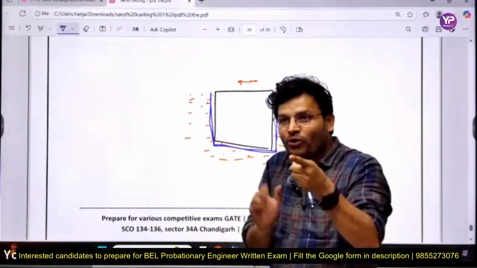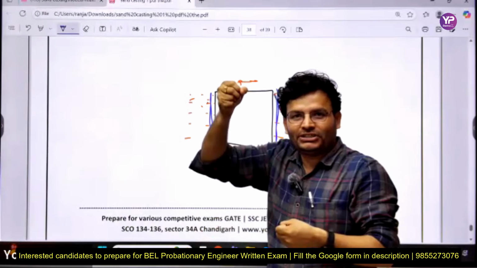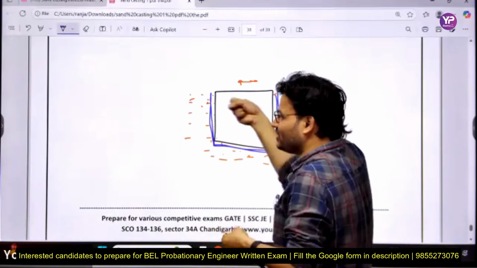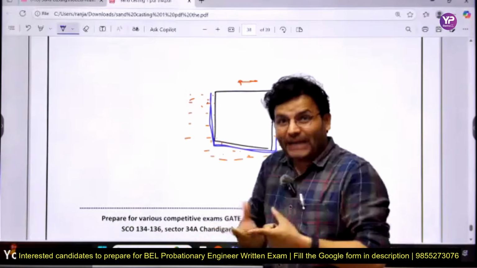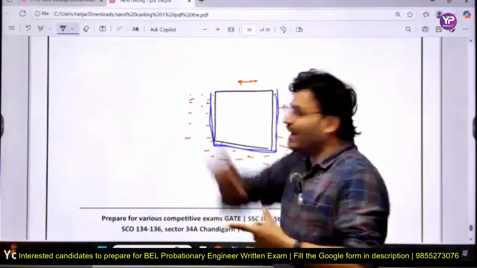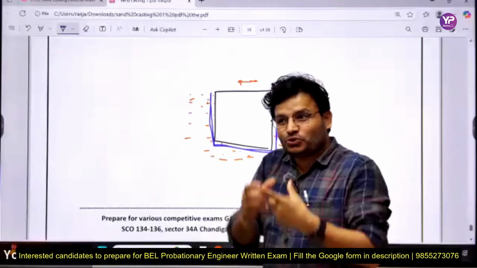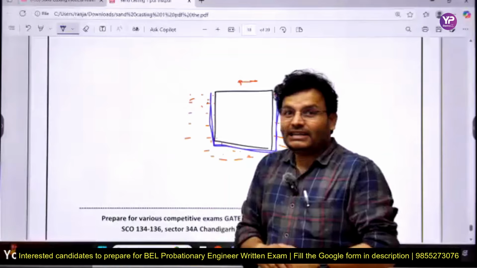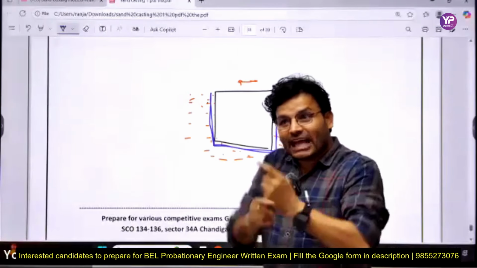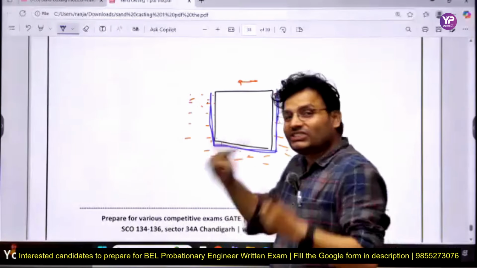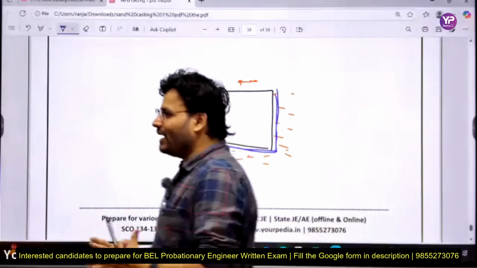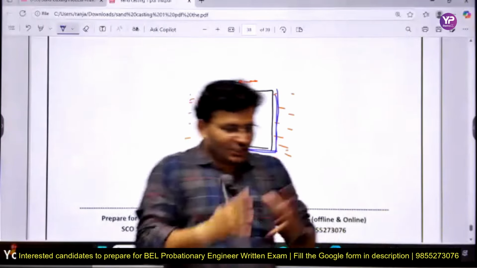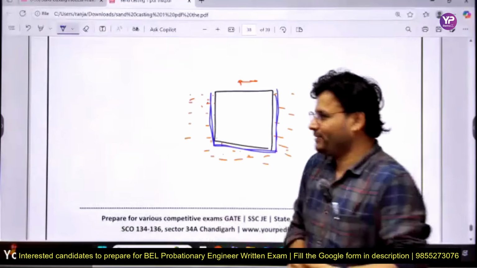Why? Because during the removal of the pattern, I have to shake it a little bit. So the size of your pattern is less than the required cavity, or less than the actual product you require. In all the other cases the size was larger, but here the size is lesser. That's why, my dear friends, it is called negative allowance, because it reduces the size of the pattern.